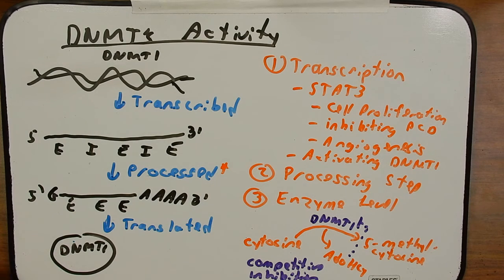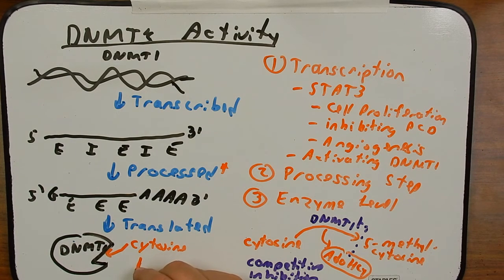So for instance, if we go to the enzyme drawn here, and let's give it an active site now. Let's say it has this active site right here. And let's say the preferred substrate is cytosine. It has a higher affinity for cytosine. However, as more and more 5-methylcytosine is generated, this byproduct here, AdoHcy, accumulates.